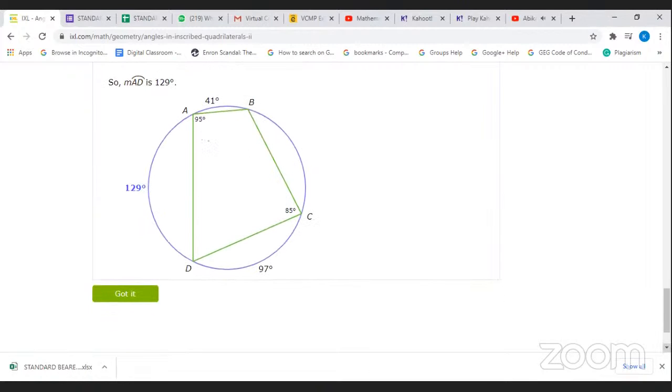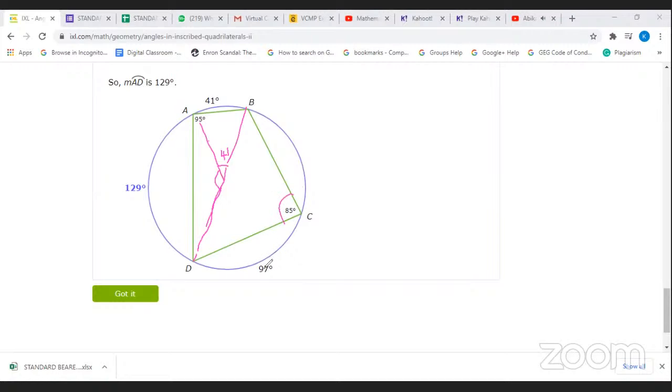Let me do the explanation. Since this 41 is the center, this is 41. What we want to find now is MAD, that angle at the center here. This is what they want us to find. But since this one is 95, this one will be 85.